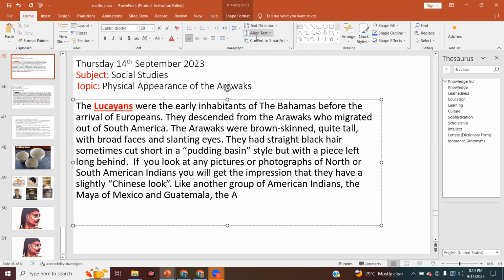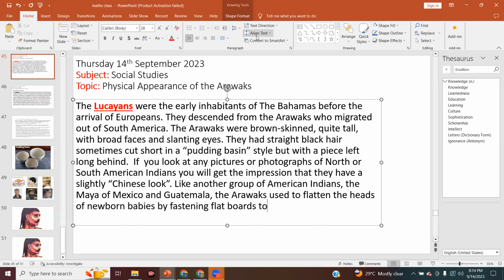The Arawaks used to flatten the heads of newborn babies by fastening flat boards to them.